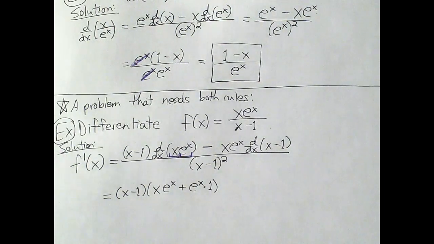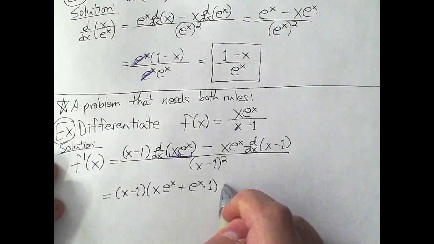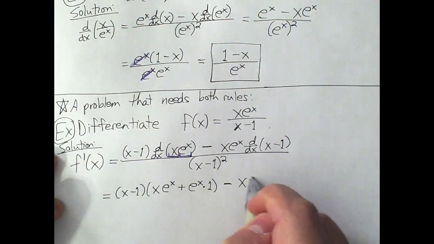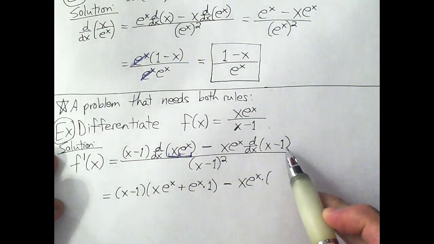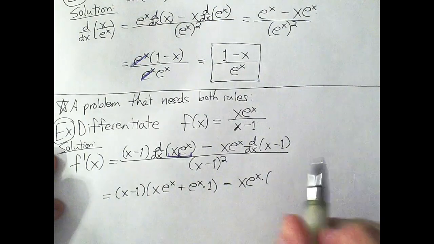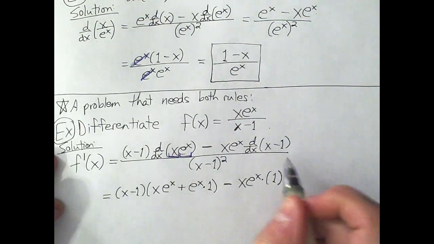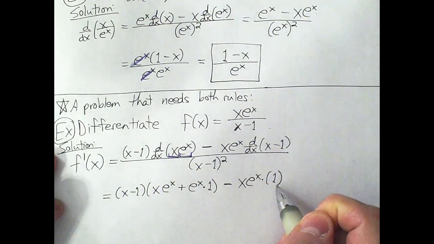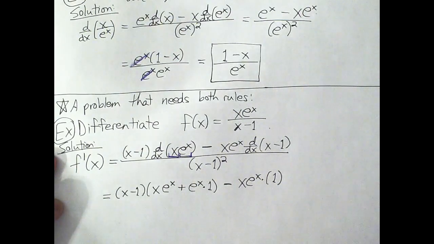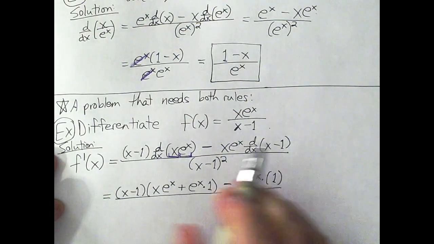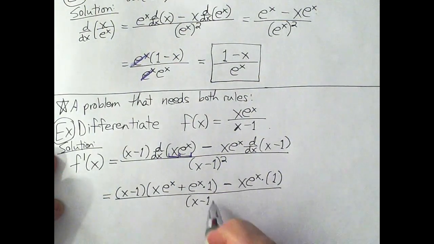The derivative of the first function is, derivative of x is 1. Minus sign x e to the x times, what do we get here? D dx of x minus 1. The derivative of all of this is just 1, because the derivative of x is 1. The derivative of minus a constant is 0. It's just a constant. All right, all of that is still over x minus 1 squared.